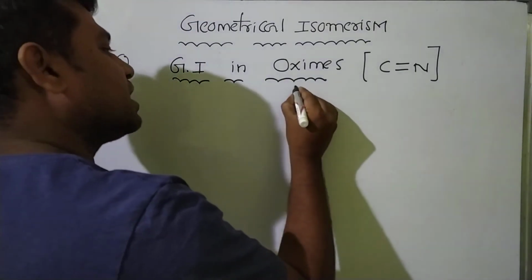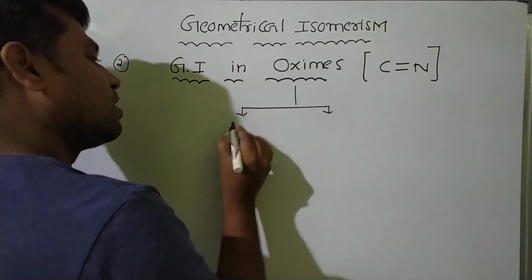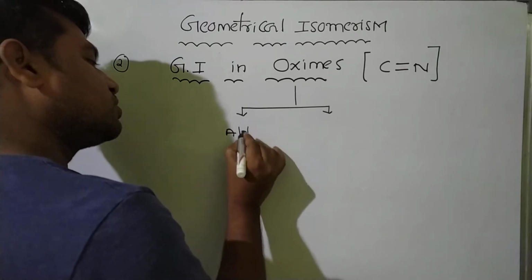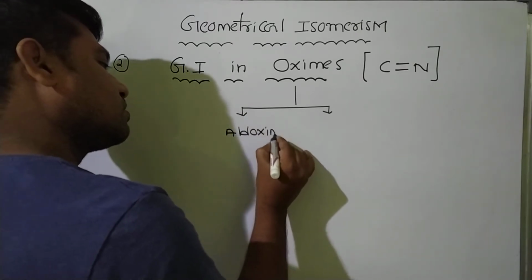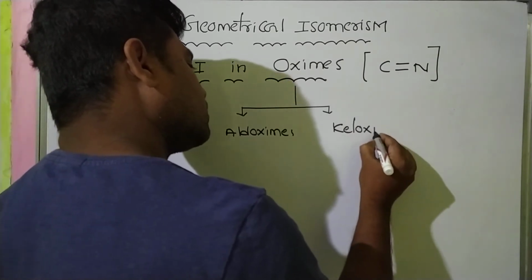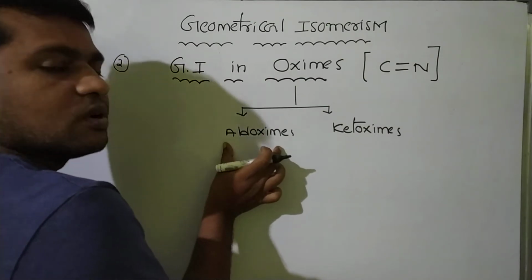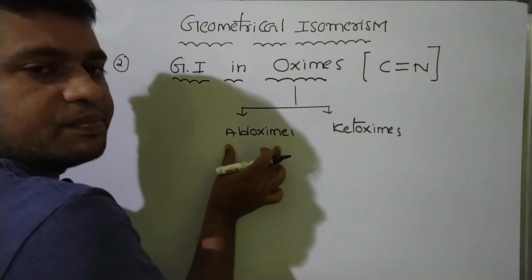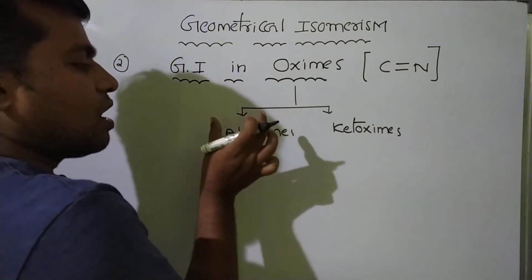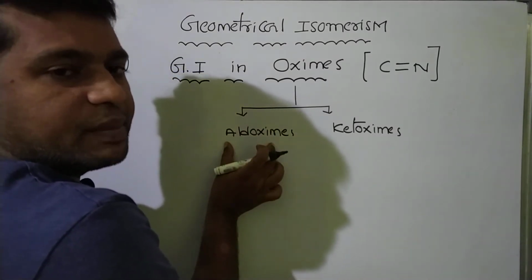So these oximes are basically two different types, aldoximes and ketoximes. Aldoximes are obtained from the reaction of aldehydes and hydroxylamine.